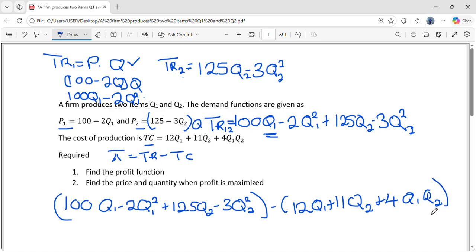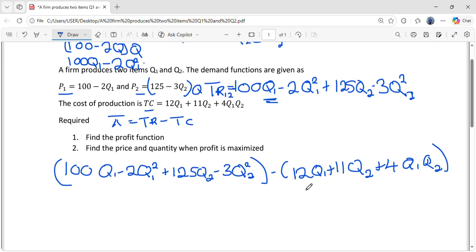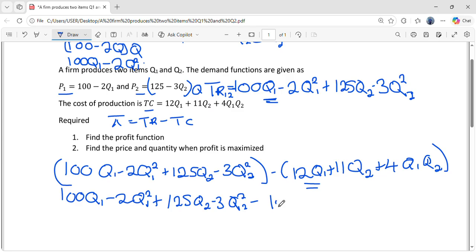Immediately we have this, we are now going to distribute the negative to what is in the total cost function. So we are going to rewrite the equation as 100Q1 minus 2Q1 squared plus 125Q2 minus 3Q2 squared minus 12Q1 minus 11Q2 minus 4Q1Q2.